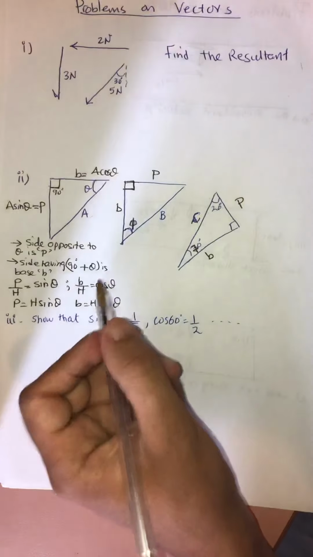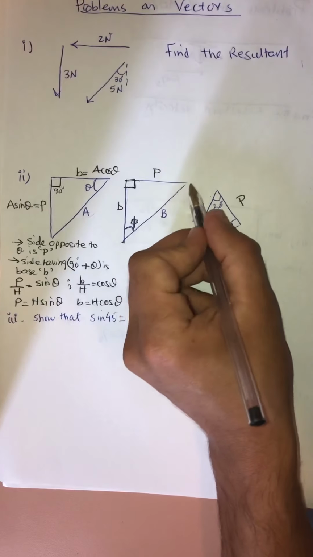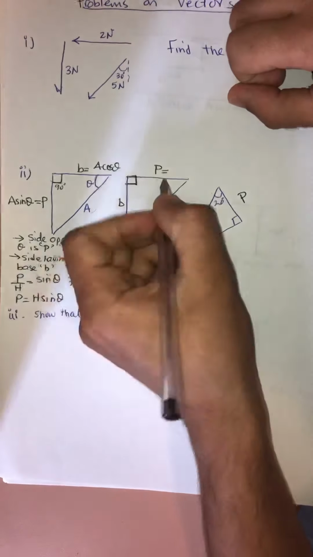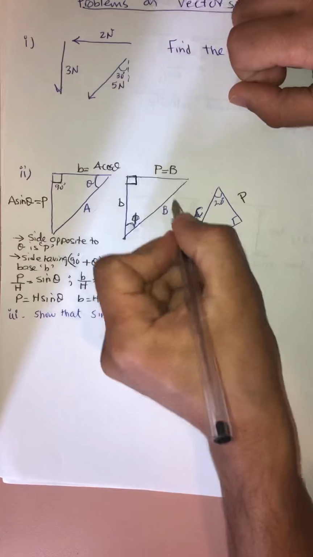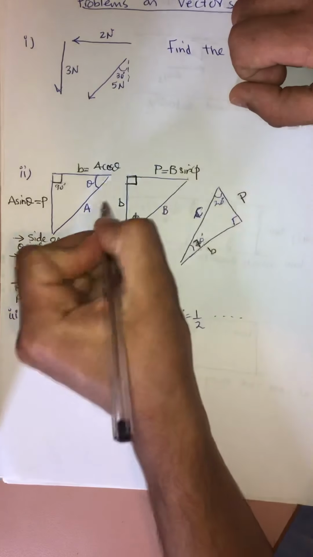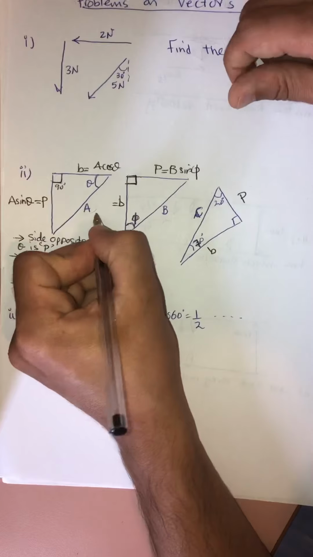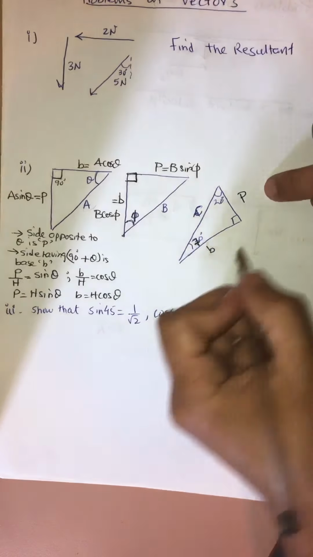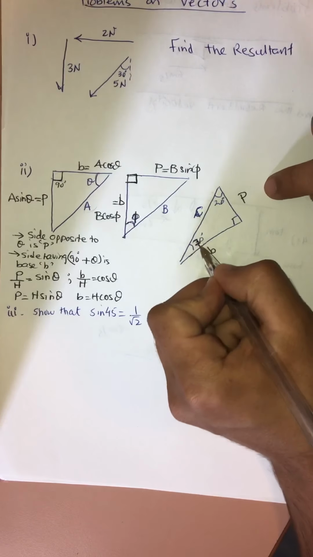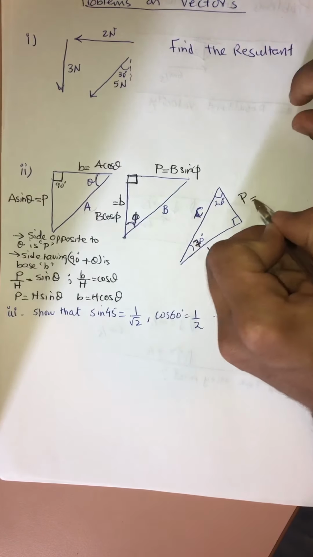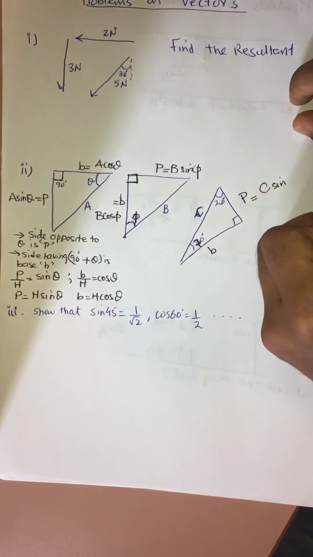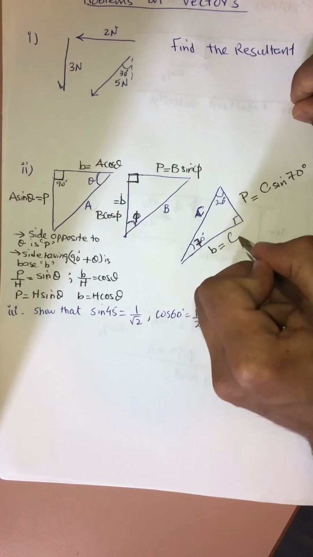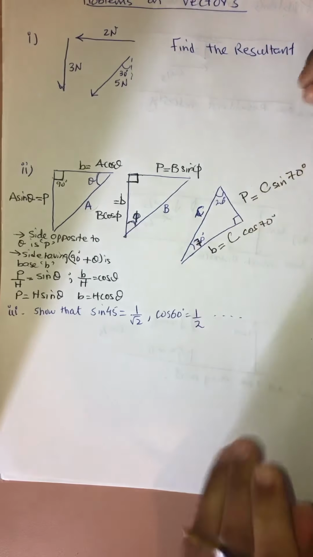Again here, our hypotenuse is b, so this is b sin phi, and the base is b cos phi. If we consider theta is 70, the perpendicular is c sin 70 and the base is c cos 70 degrees.